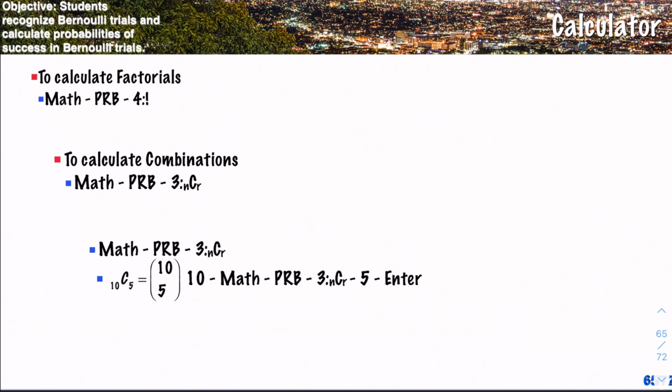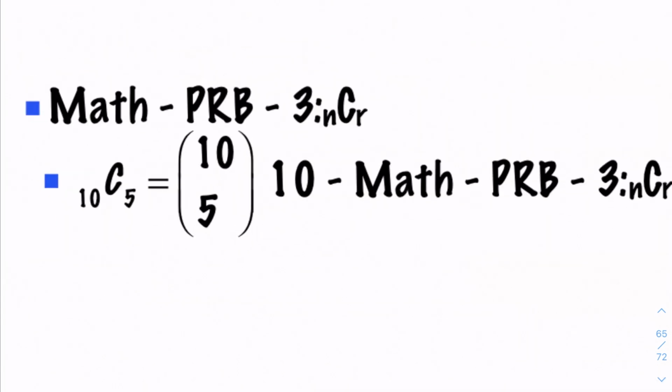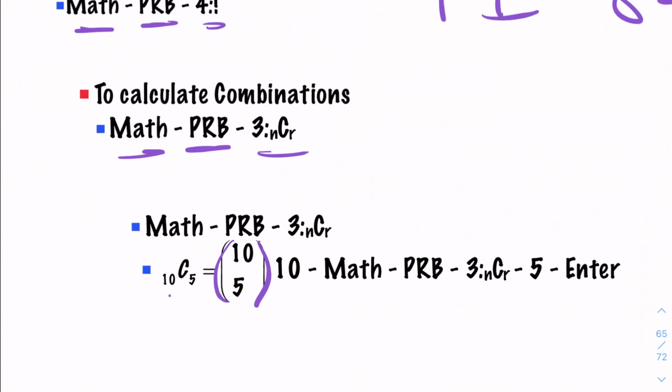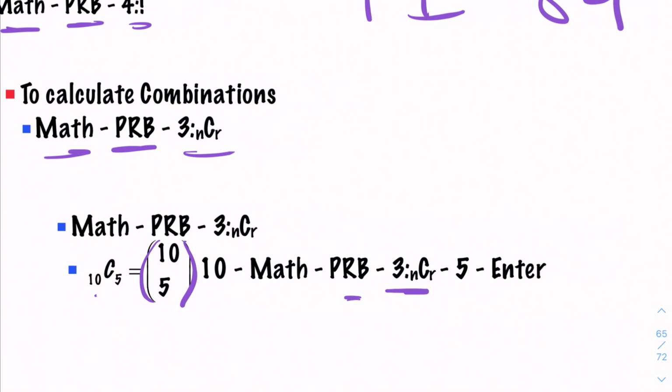If you're on a TI-84, if you want to find the factorial button, you hit math, then you go over to the fourth row, and then you hit 4. To calculate combinations, you go math, PRB for probability, and then you go 3 for nCr. In terms of notation, we write 10 choose 5, which is math, probability, 3, 5, enter.